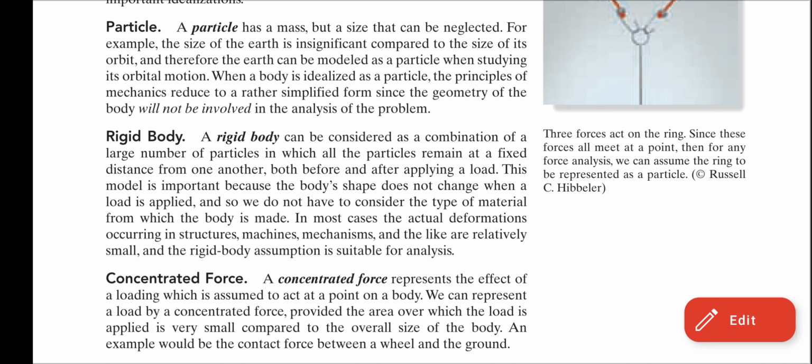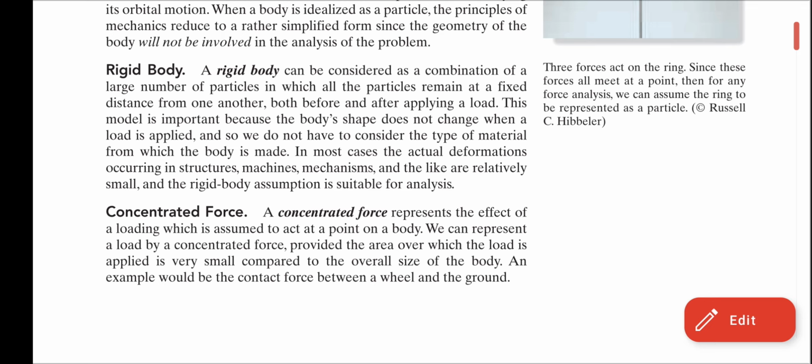It has a very small mass. A rigid body is considered as a combination of a large number of particles, in which the particles remain at a fixed distance from one another. It stays in the same state before and after applying a load on it.